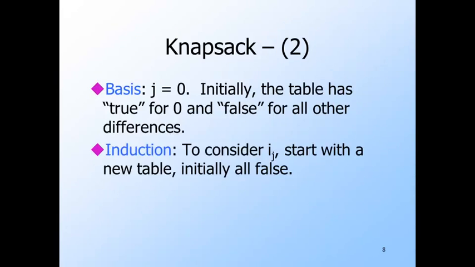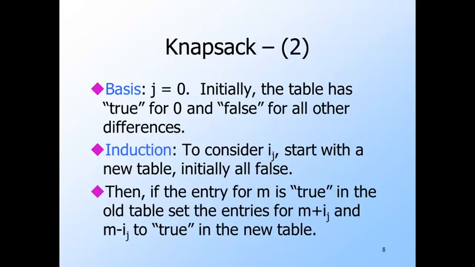For the induction, suppose we have a table for the first j-1 integers. We build a new table to reflect the partitions of the first j integers. Initially, each entry in the new table is false. But suppose the jth integer is I sub j.